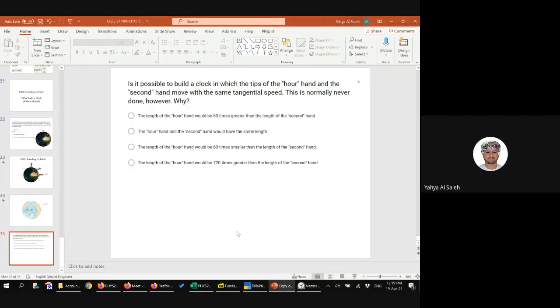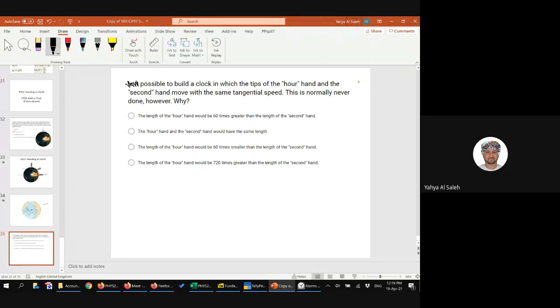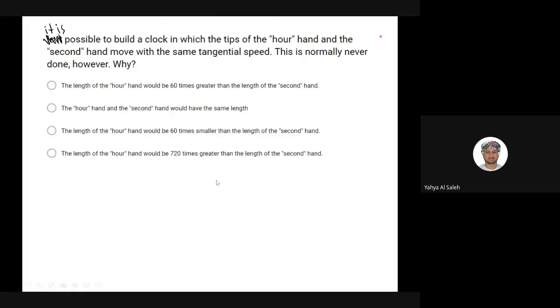Wait, there's a problem here. This should not say "is it." It should say: it is possible to build a clock in which the tips of the hour hand and the second hand move with the same tangential speed. But this is normally never done. Why?